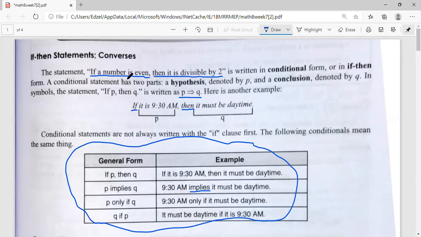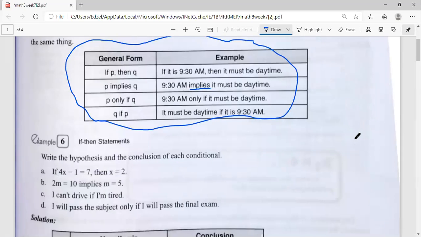But in geometry, in this subject, focus tayo sa if-then statements. Introduce lang natin na students, hindi lang if-then ang pwede. Because pag magdating na tayo sa proving, if-then tayo nakafocus.